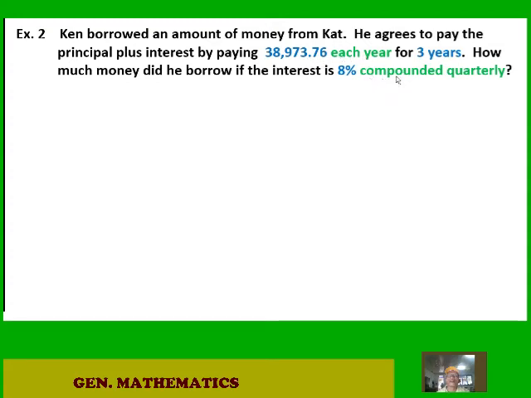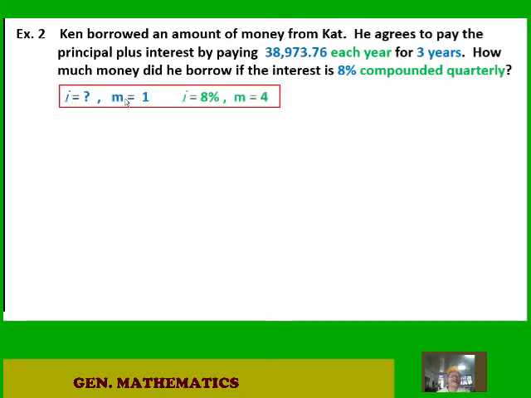The compounding interest is 8% compounded quarterly. So we are going to determine the equivalent rate i for every year, because the payment is every year. The compounding interest period is quarterly with 8%.